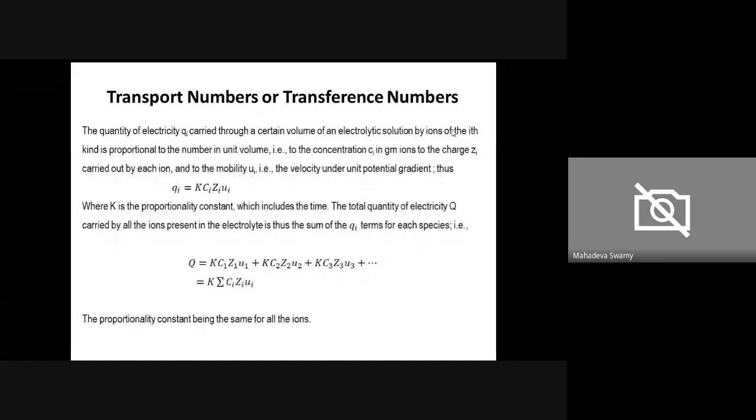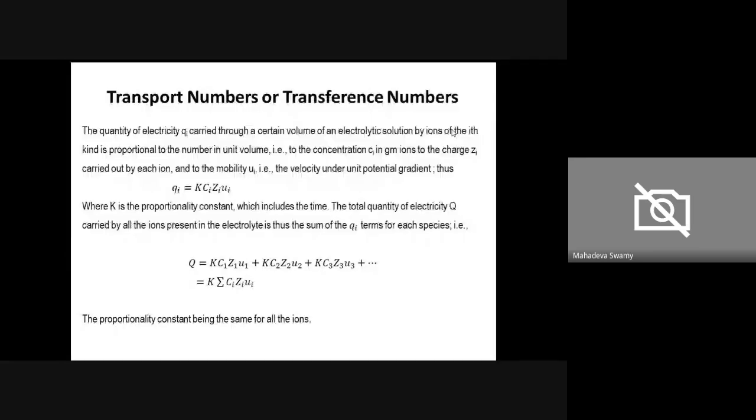So what is this Ui? Ui is the mobility. It depends on the velocity under the unit potential gradient. So I am going to represent this quantity of electricity as Qi, because this is the ith kind.